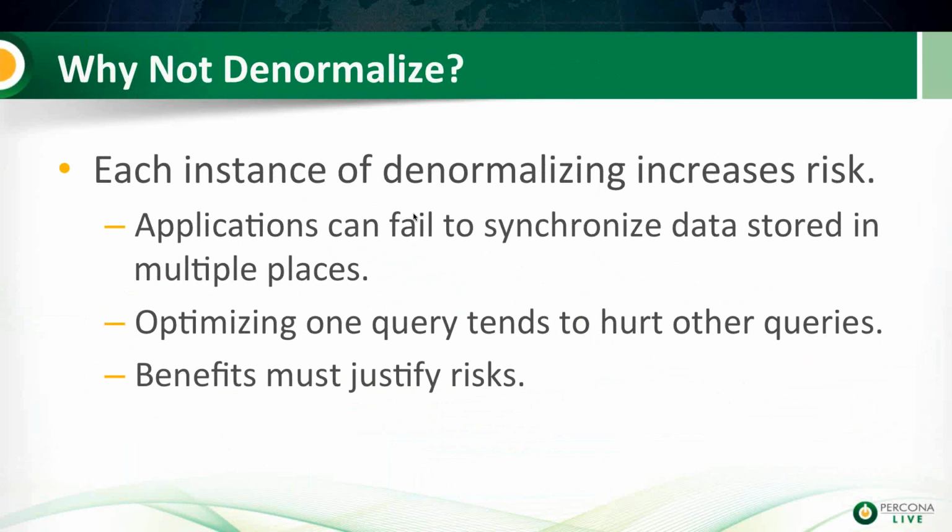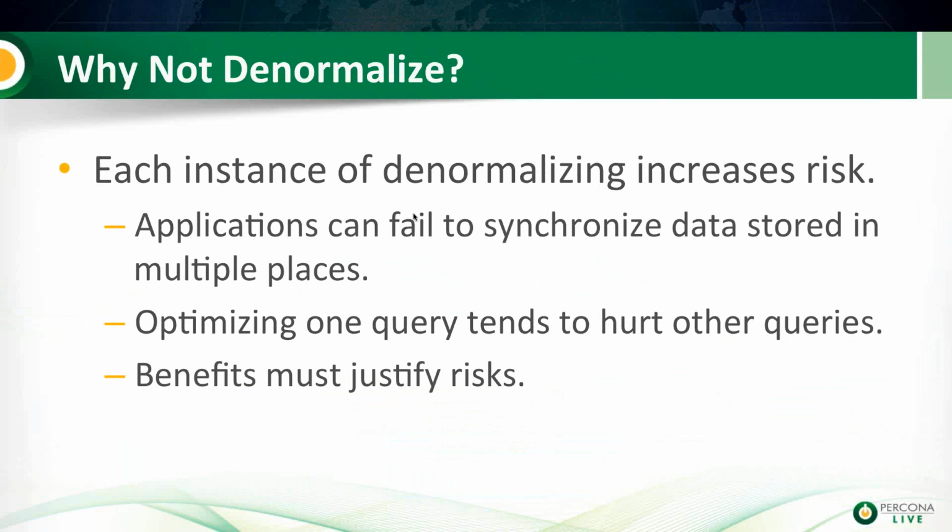Why would we not denormalize as much as possible? Because every time you do this, every case where you store data in two places in your database, it increases risk. That is, you could have applications that are unaware or have not been updated to make sure that those redundant copies of data stay in sync, and therefore they will eventually creep into situations where you have data that doesn't agree with the rest of the database, and that becomes a difficult task to try to clean up.